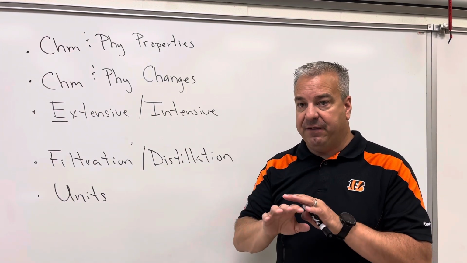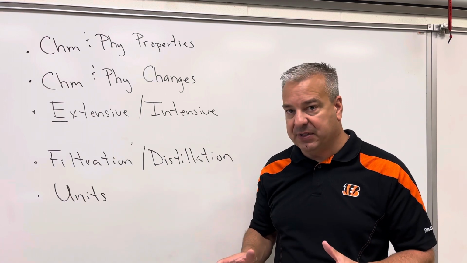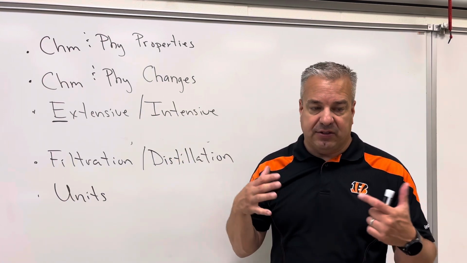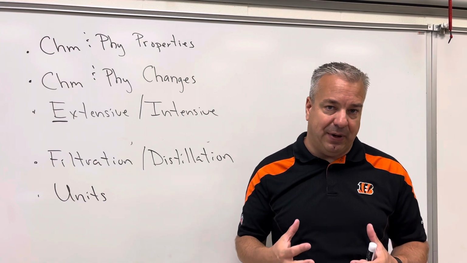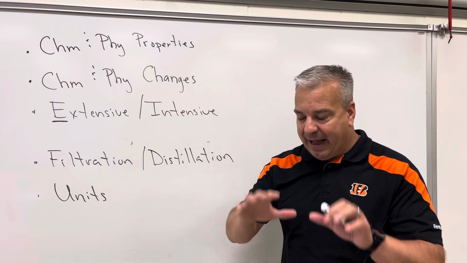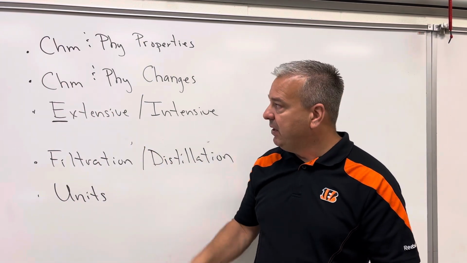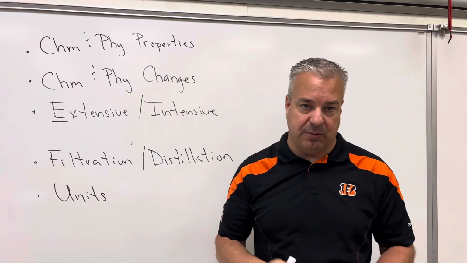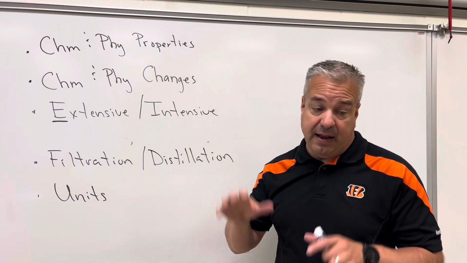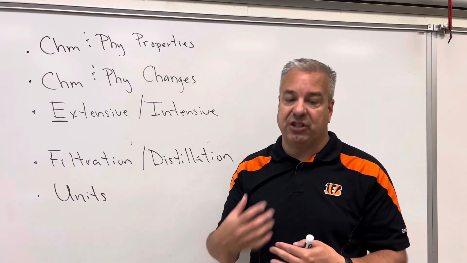If the chemical composition did not change or you did not form a new substance, then it would be a physical change. The thing I see pop up is some people say that one is reversible and the other is not. I have often heard that chemical changes are irreversible, but physical changes are reversible, and that's actually false. They both can be reversible and they both can be irreversible. It just depends on the change that we're talking about.